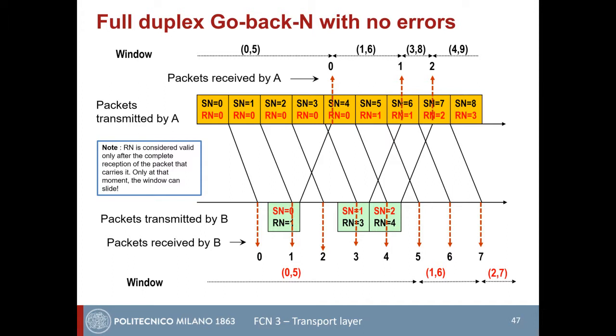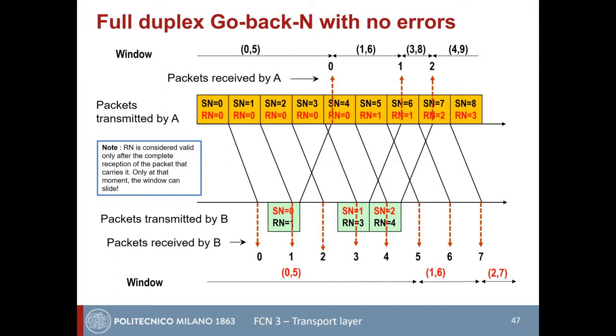So A starts sending data, and since we are in the Go-Back-N algorithm, once A sent the first frame with Sn equal to 0, then A can go on sending also the other packets, waiting for the acknowledgement of the first packet, since the transmission window allows it to go on.